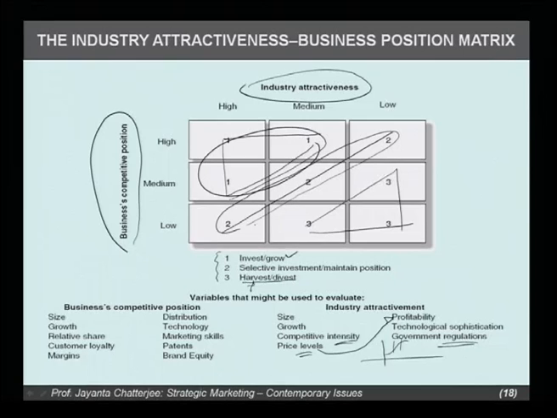And then there are businesses where we have to manage the exit. They may still be quite good for revenues as well as profits for a certain number of years, and this is where we have what we call a managed exit strategy.